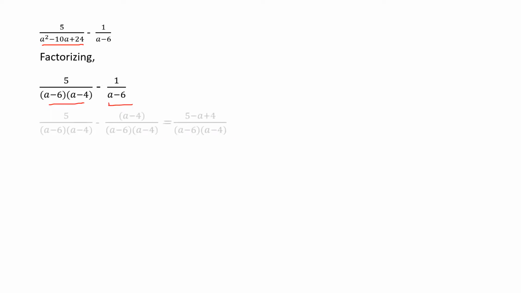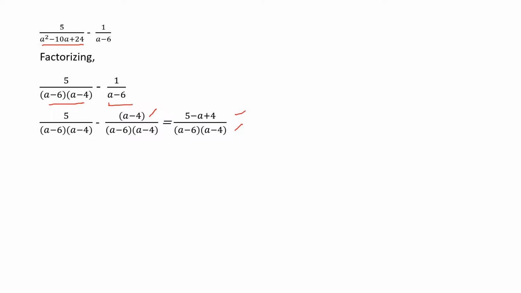Okay, so factorizing a square minus 10a plus 24, we get a minus 6 into a minus 4. Now we have a minus 6 common in both these fractions, right? So we can multiply the second fraction and divide with a minus 4. So the denominator becomes a minus 6 into a minus 4, and we just simply subtract the numerators, right?